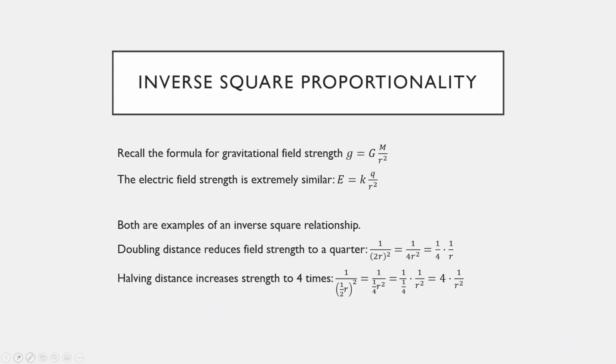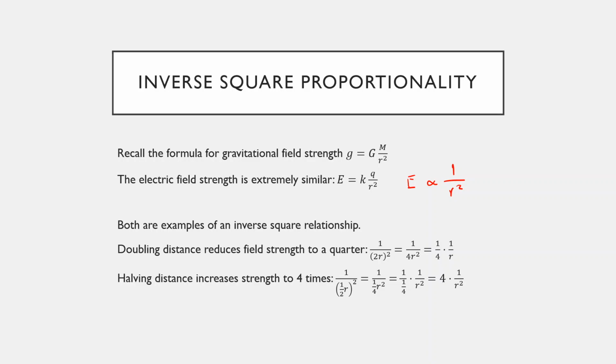So we've got this inverse square proportionality again, just like we did with gravitational fields. So the electric field we can say is proportional to 1 on r squared. That means basically if you double the distance, your field strength decreases to 1/4 of its original.